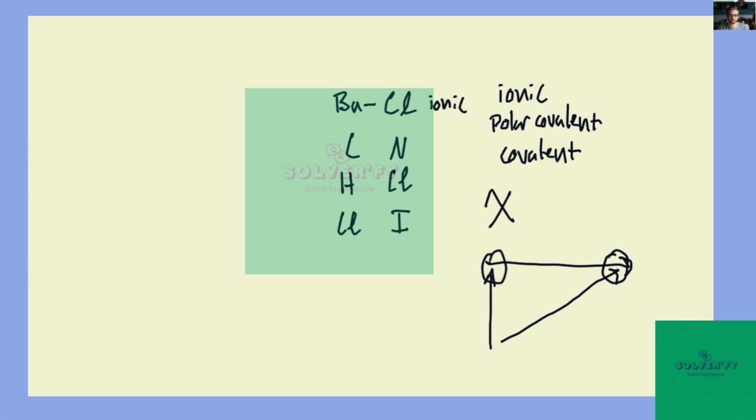In contrast to this, we have carbon and nitrogen. Carbon and nitrogen find themselves right next to each other, right, in the periodic table. So they would be predicted to have similar electronegativities. But because those electronegativities aren't exactly the same, it won't be a purely covalent bond. It will be polar covalent, right?